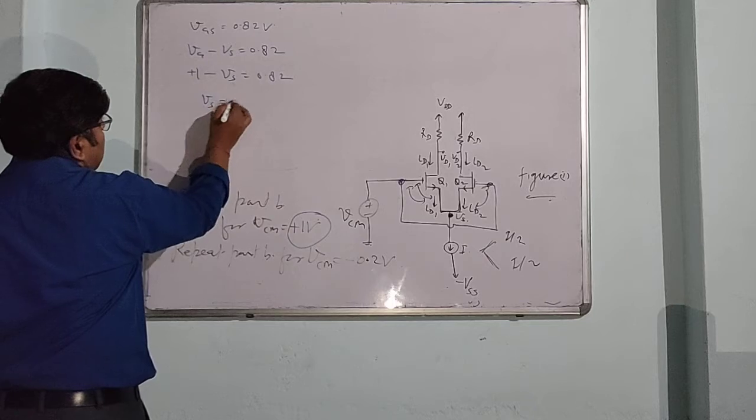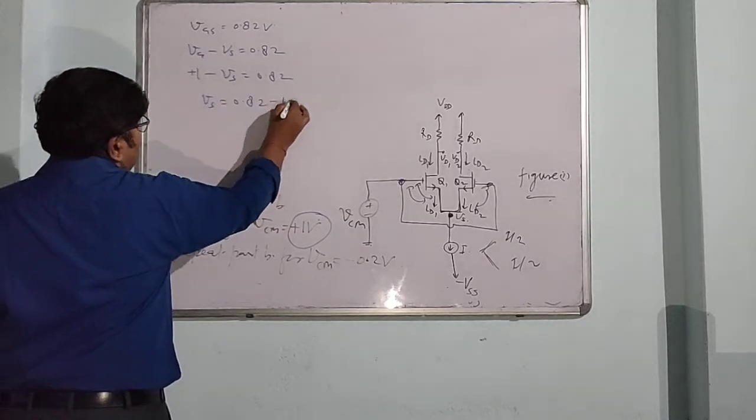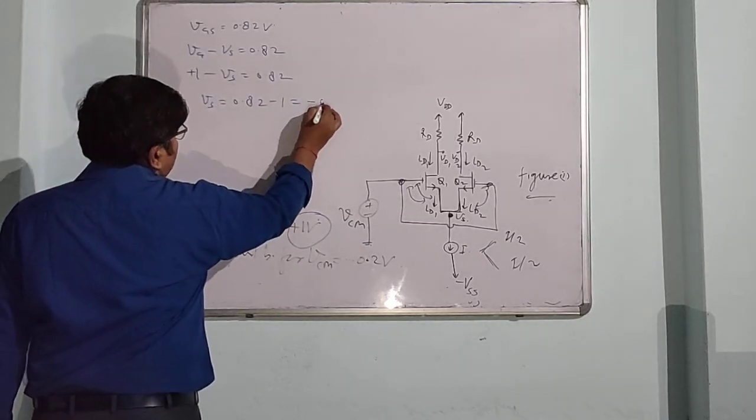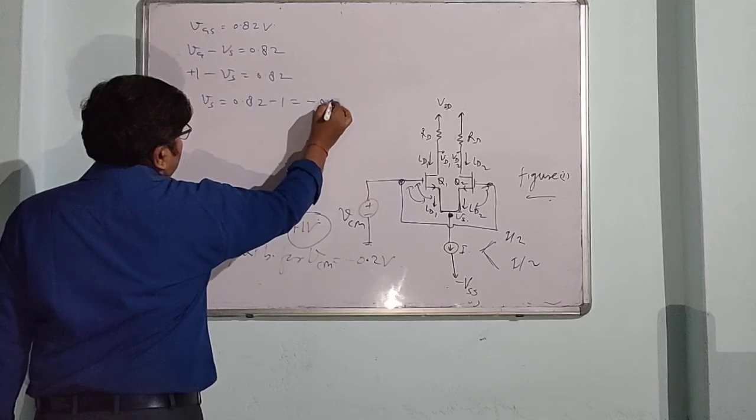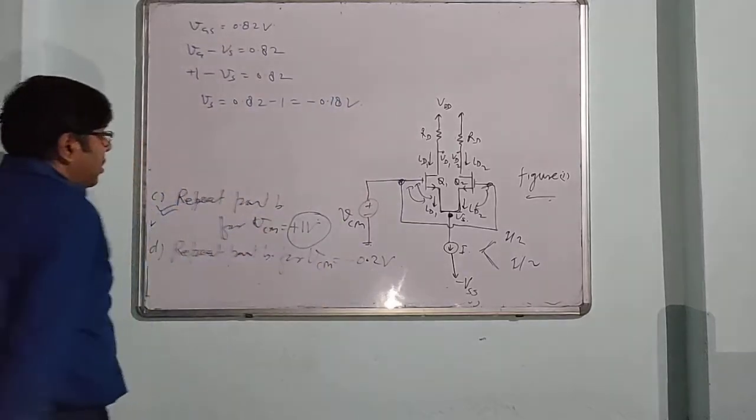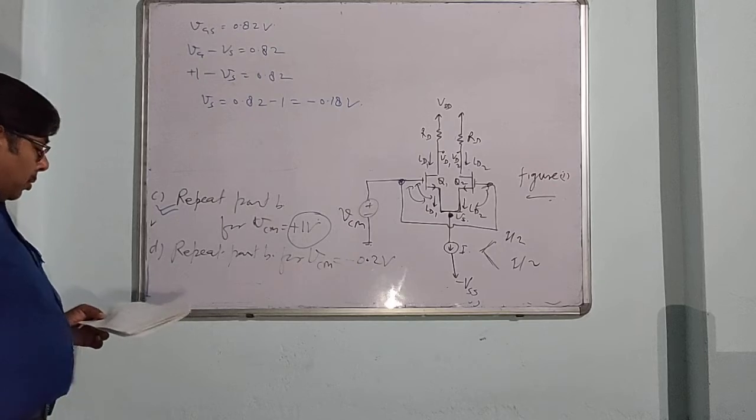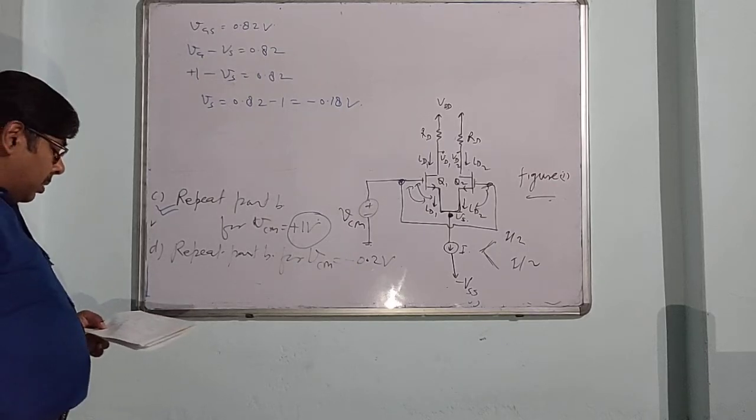So VS equals 0.82 minus 1, that is minus 0.18 volt.